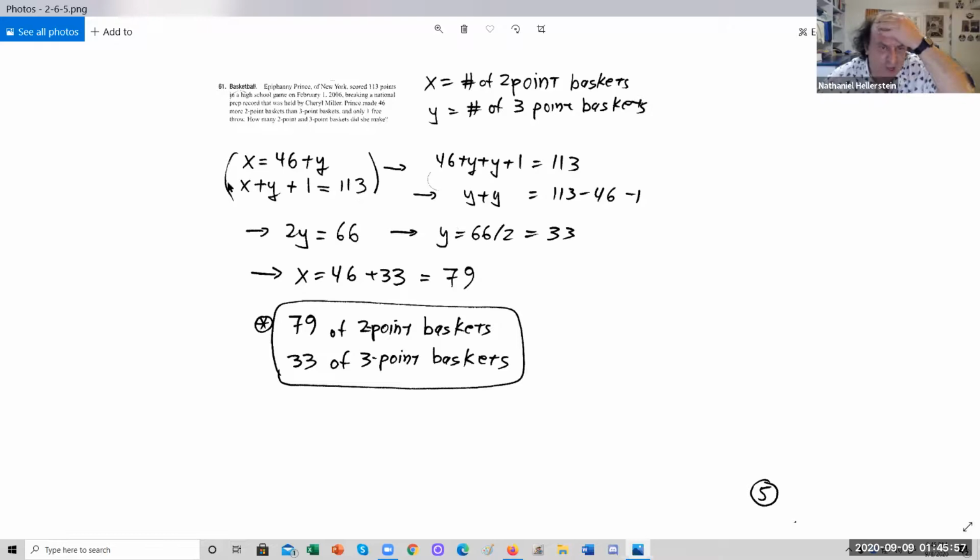OMG, it's 2x plus 3y plus 1 equals 113. Argh! Well, yeah, I hear you laughing. You're right. Where's that horn? Here's that horn. Ouch. All right, let's see if I can do this on the fly. We do have x equals 46 plus y. You know what? Let's get out of here.